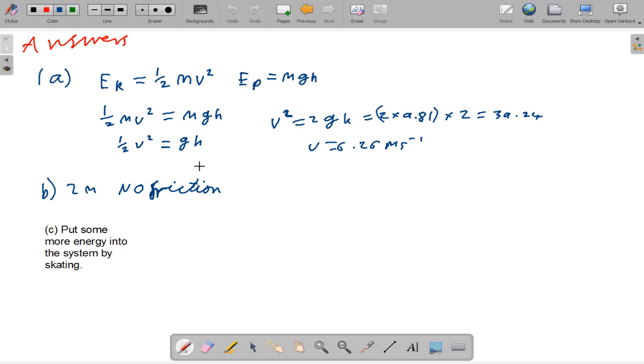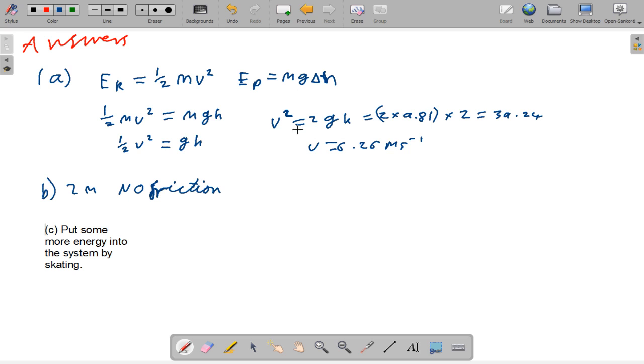So using EK equals half mv squared, and the potential energy equals mg delta h, the change in height. So using half mv squared is equal to mgh, and then half v squared is equal to gh.